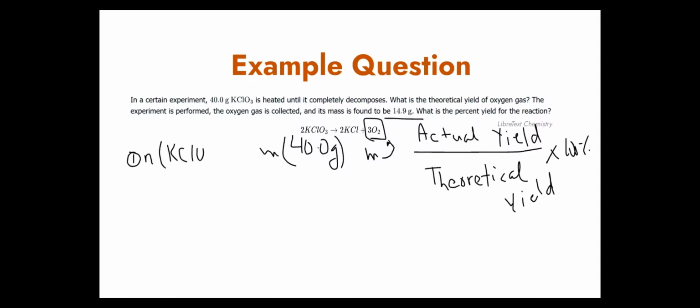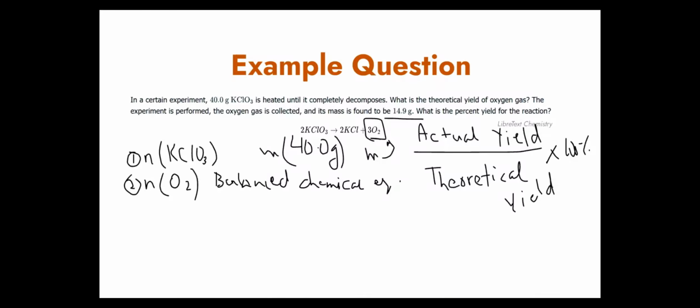And then in the second step, you will find out the moles of oxygen gas. And this is the step where you will be needing the balanced chemical equation and the molar ratio, because we need the molar ratio from the balanced chemical equation. So this is the step where you'll be using the balanced chemical equation.